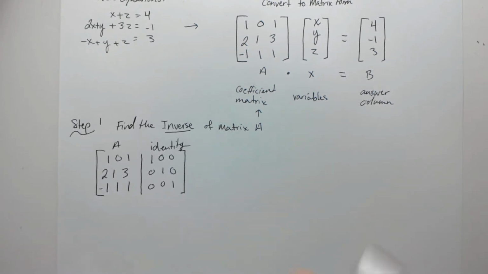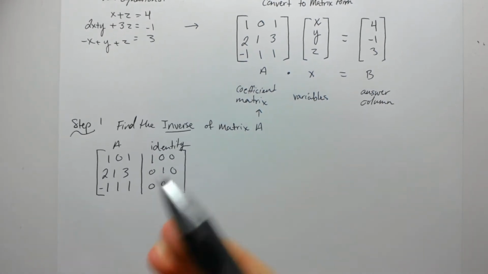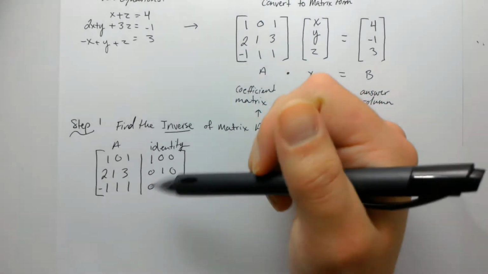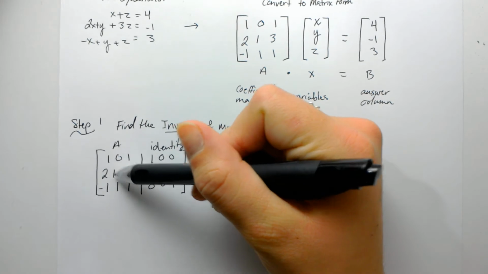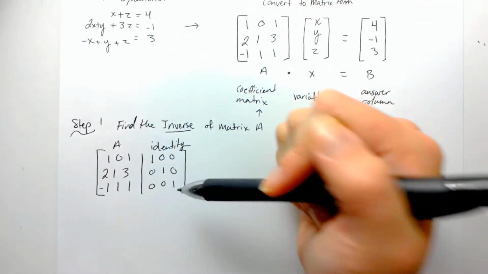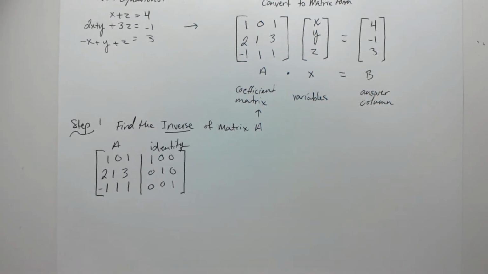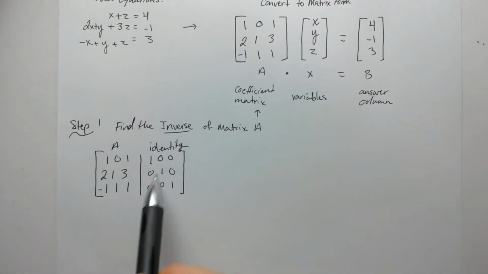Since you try to start with what's closest to your identity, but because we already have our ones in the places that they need to be, it really doesn't matter where we start. In general, it doesn't matter where you start, but you try to work smarter, not harder, and start wherever it looks most like your identity.